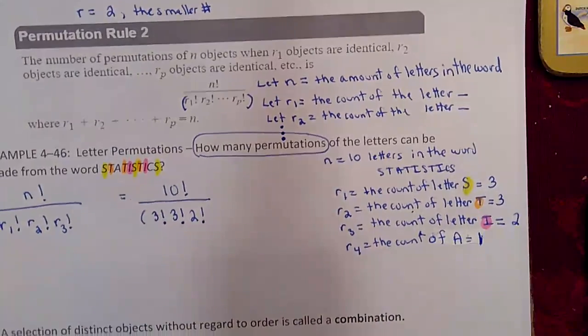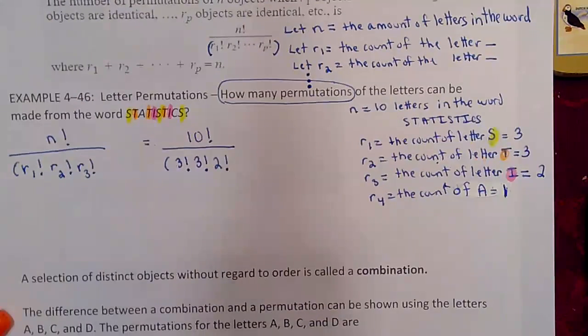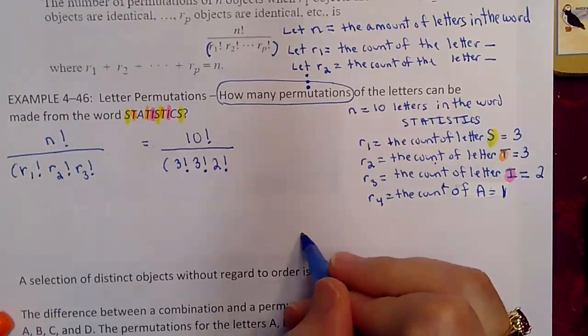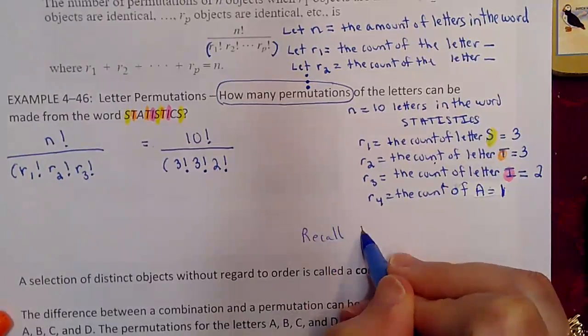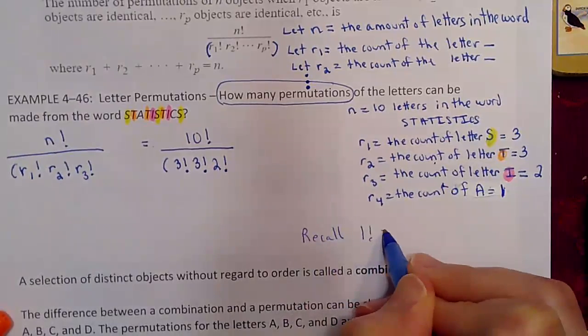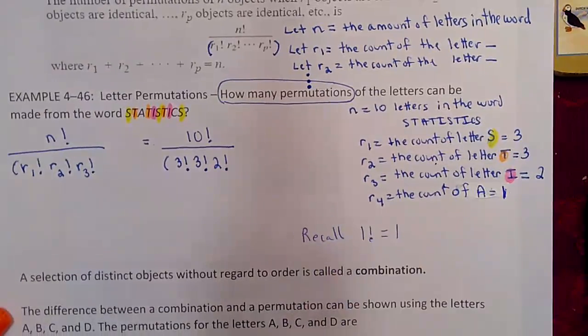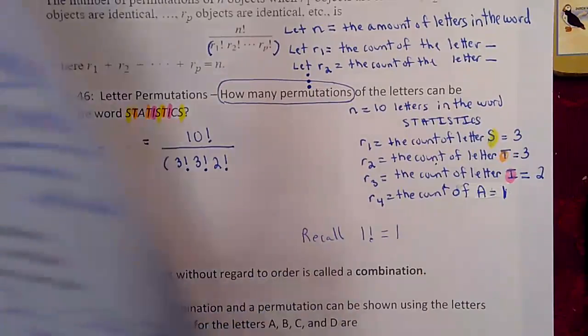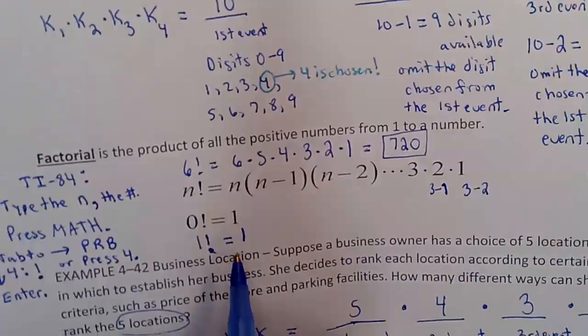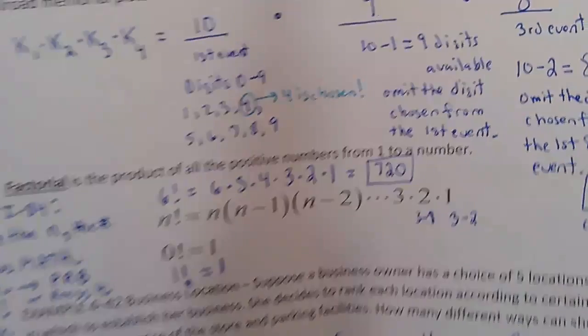Okay. Now remember, I want you to recall that 1 factorial was equal to 1. Do you remember when we talked about that earlier in our page? Remember on page 119? Remember 1 factorial was 1. Okay.